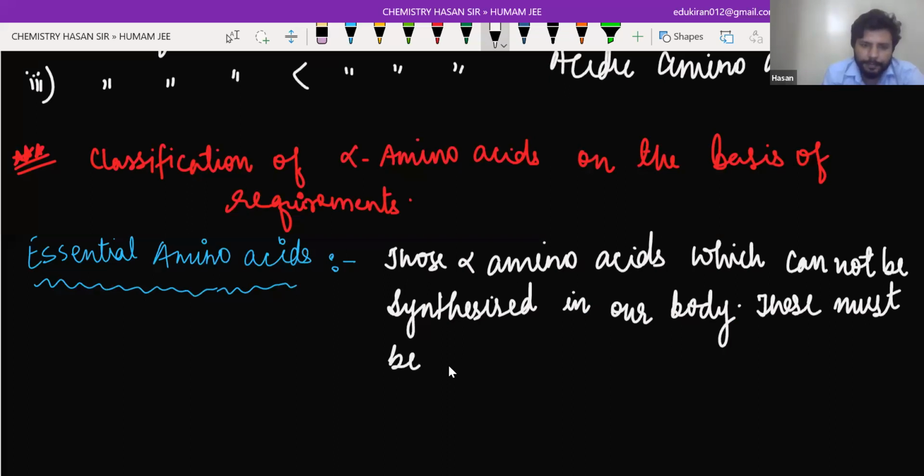These must be present in our diet. From outside, we need to take them.